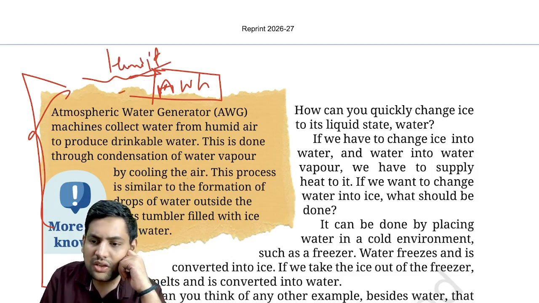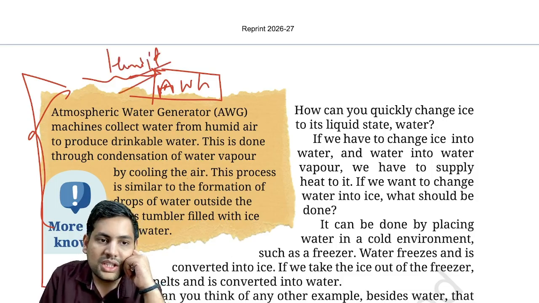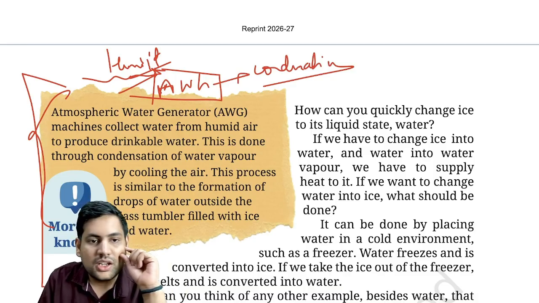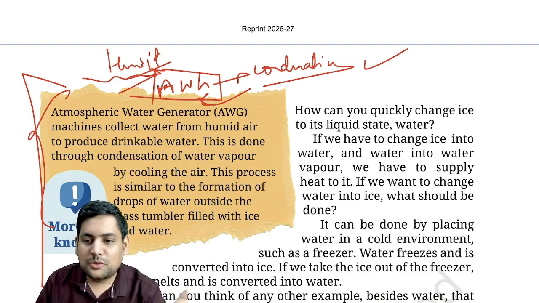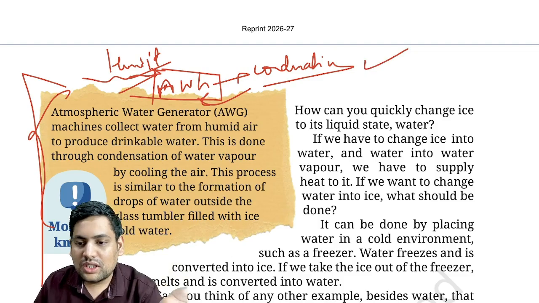So it contains a lot of water. This AWG will try to do condensation of that humid air, and then it will become water, and this water can be used in many ways. So this is creating potable water out of water vapor. This is AWG.